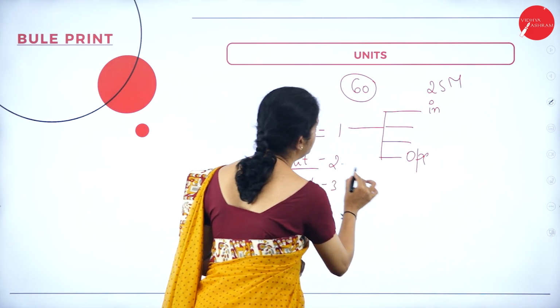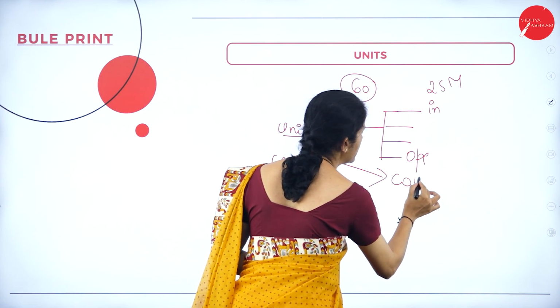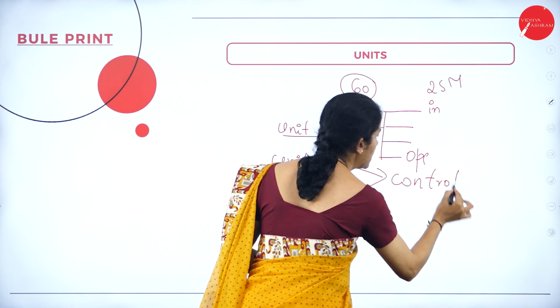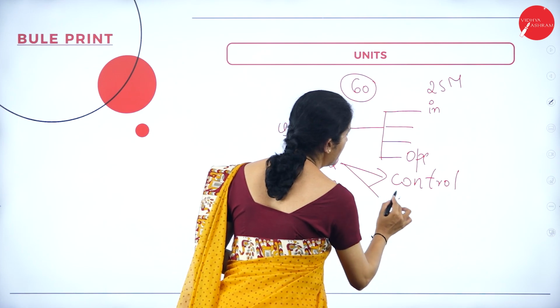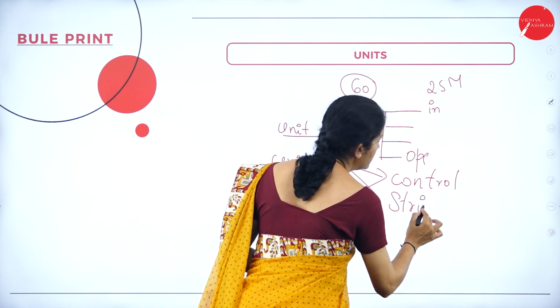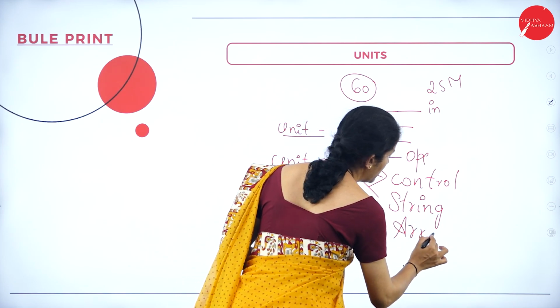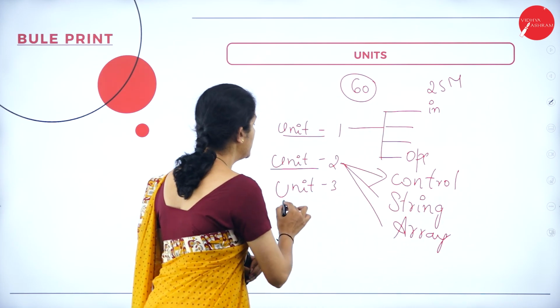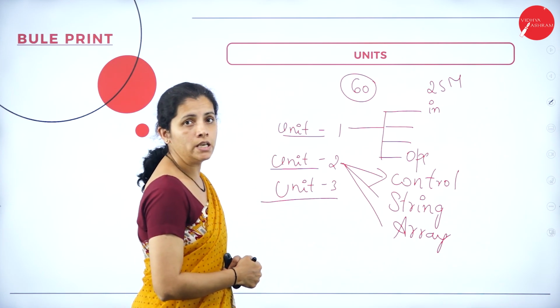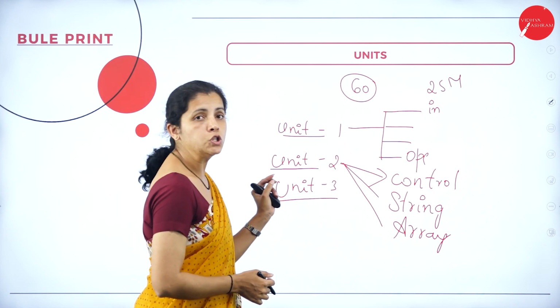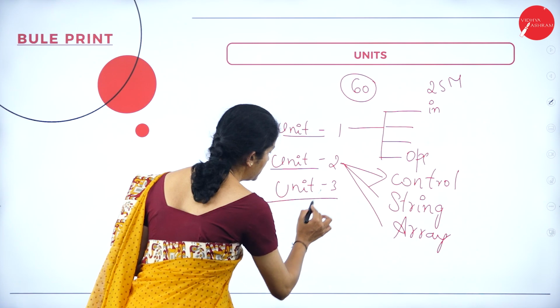The first chapter is control statement, then string, and the third chapter here is array. Unit 3 also includes 3 chapters.